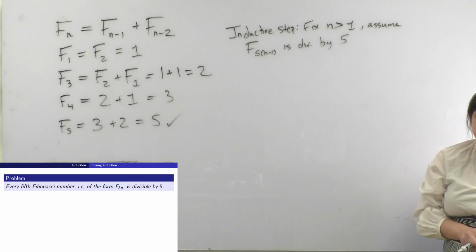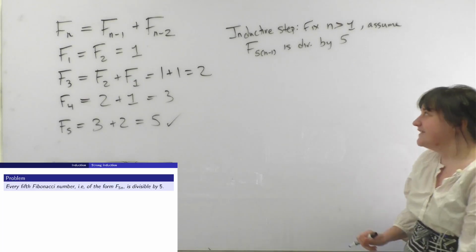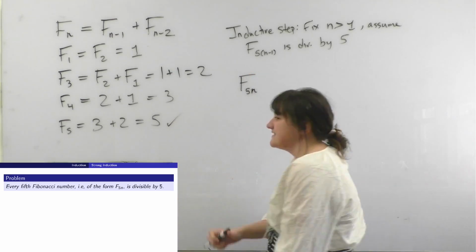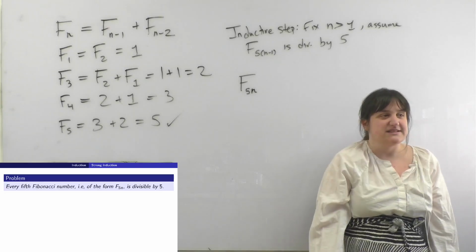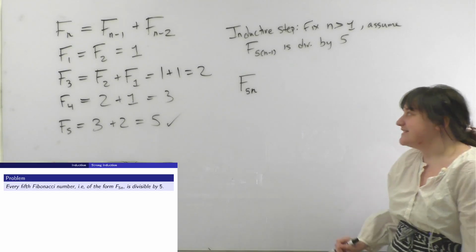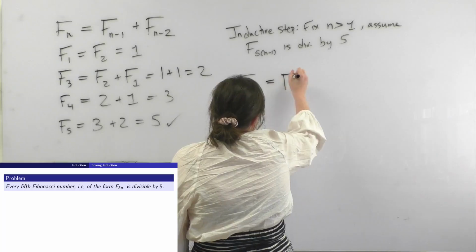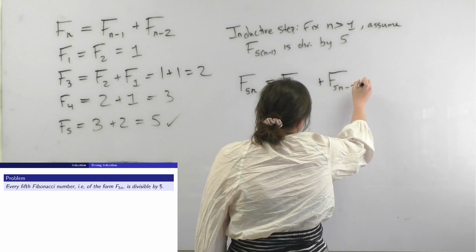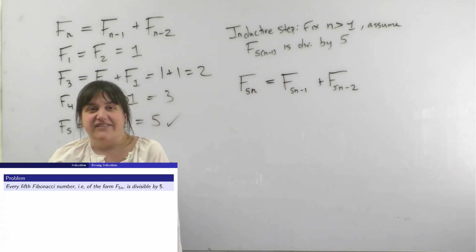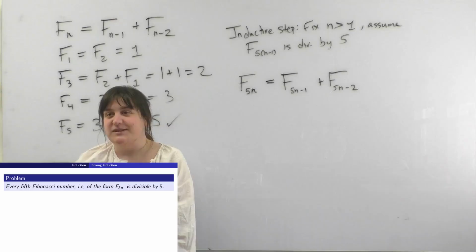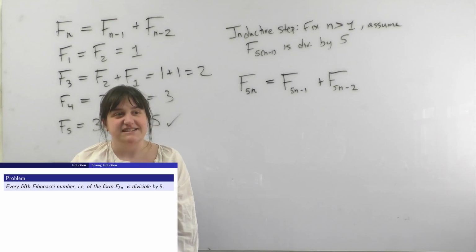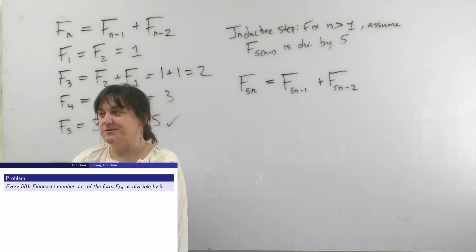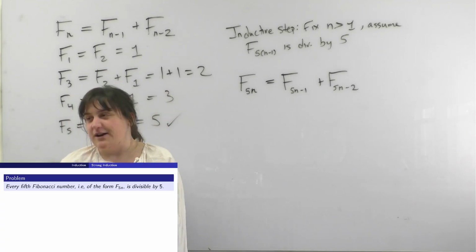Okay, what is this screaming at us to do? The only way I know to get from F5n to something that I could apply my inductive hypothesis to would be to say F5n is F5n minus 1 plus F5n minus 2, and then apply the Fibonacci recurrence identity multiple times to lower these indices until we can get down to 5n minus 5.